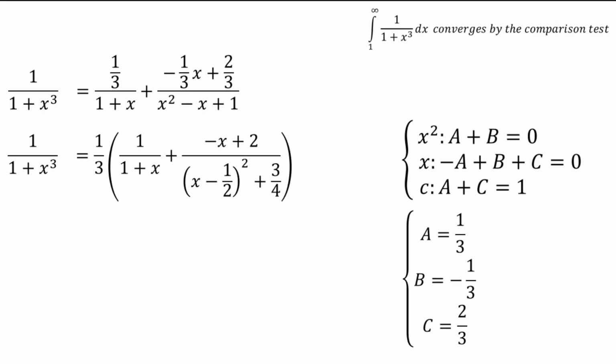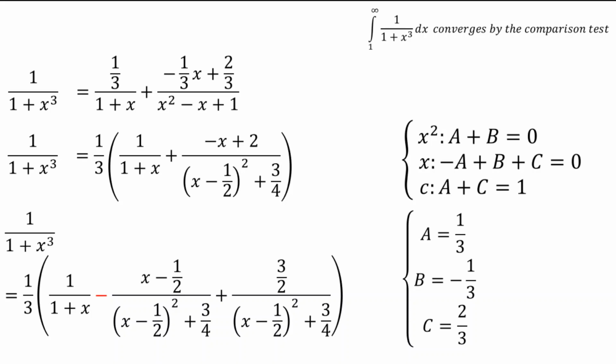So x squared minus x plus 1, I'm going to complete the square and turn it into x minus 1/2 squared plus 3/4. Okay, that's the first step. Because this allows me to now decompose that second fraction.